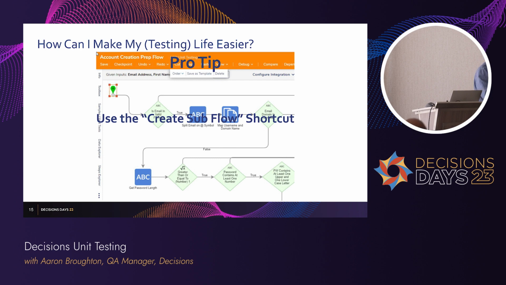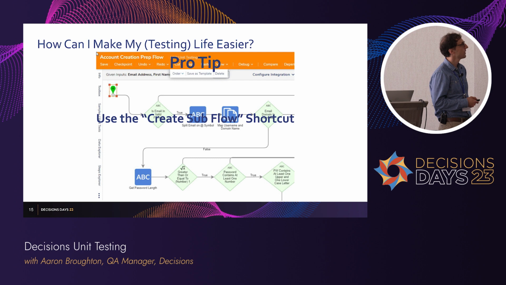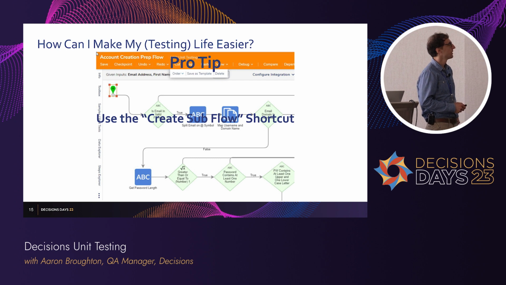It's taking those steps and putting them in that flow, and then it's adding a subflow step there for you. Any of the data that these steps are looking for as input data gets added as input data to that subflow. That's 8.9 and greater.